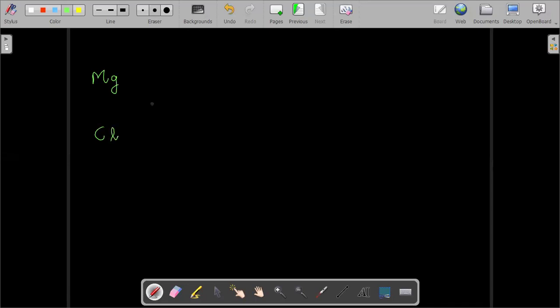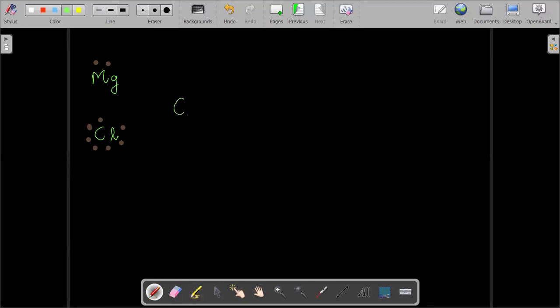Sir, first it will get divided into Mg plus and Cl minus. No. How many electrons does Mg have? 2, sir. So how is Mg going to donate the electrons? One electron for one chlorine, another one for another chlorine. So here we have 2 chlorine atoms.